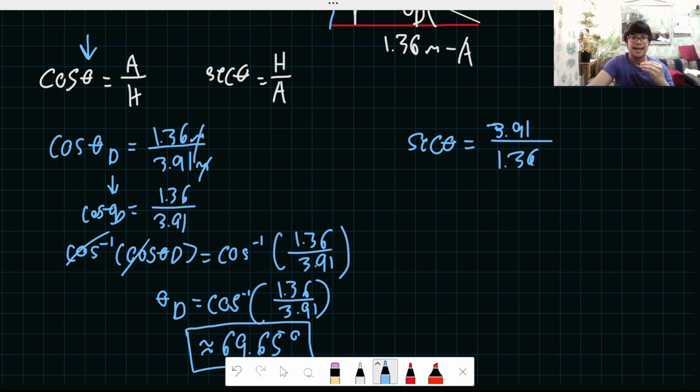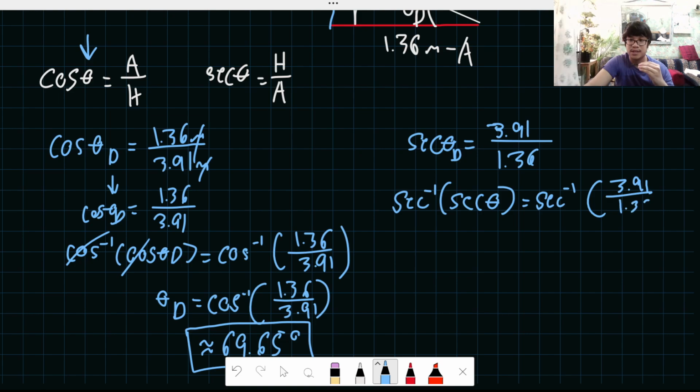And since we use secant theta and we're looking for the angle, we use the inverse trigonometric function. In this case, we use inverse secant on both sides. So inverse secant of secant theta is equal to inverse secant of 3.91 over 1.36.